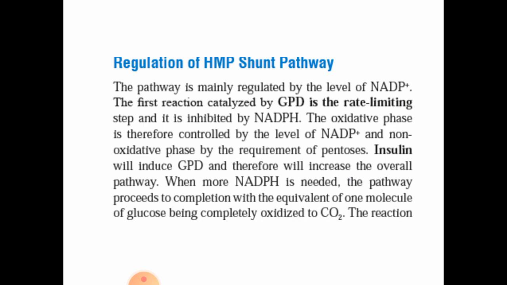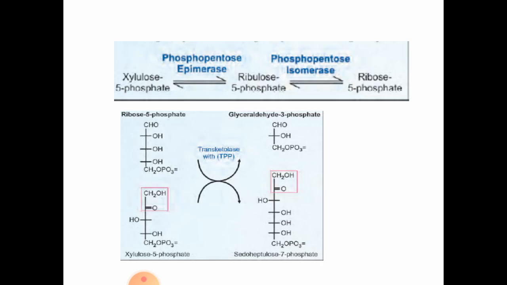The oxidative phase is therefore controlled by the level of NADP, and the non-oxidative phase is regulated by pentose availability. Insulin will induce G6PD and therefore will increase the overall pathway. When more NADPH is needed, the pathway proceeds to completion with the equivalent of 1 molecule of glucose being completely oxidized to carbon dioxide.